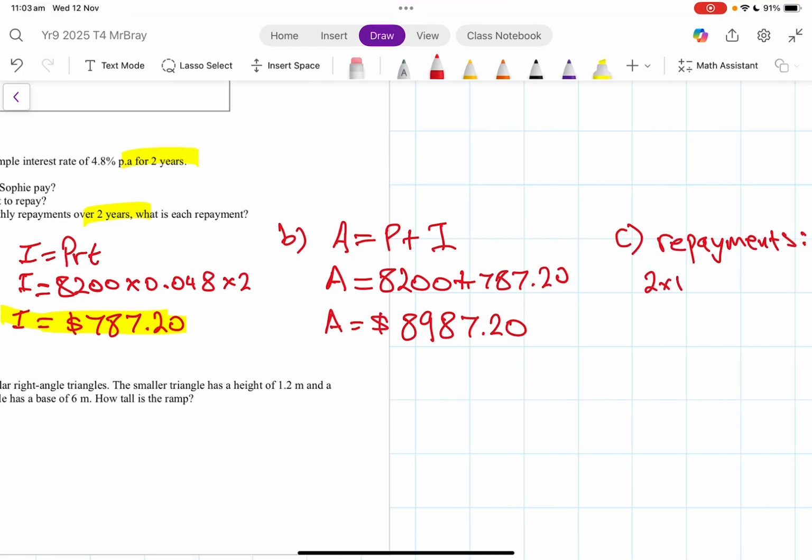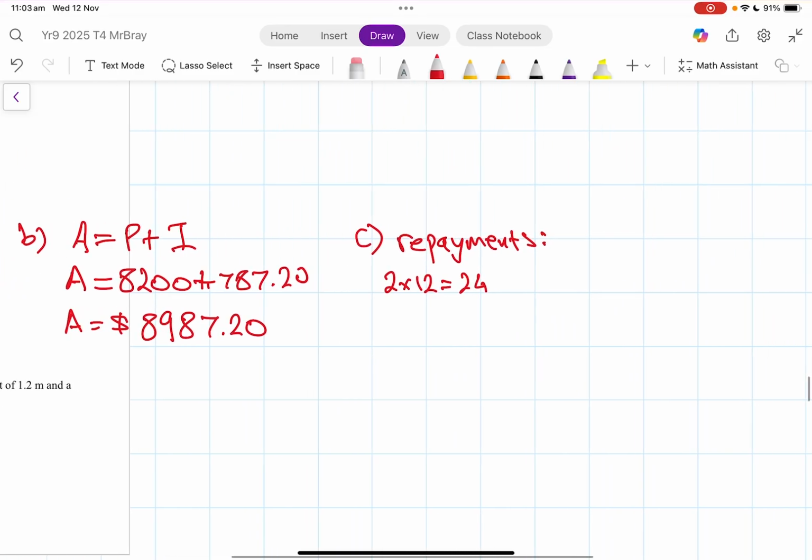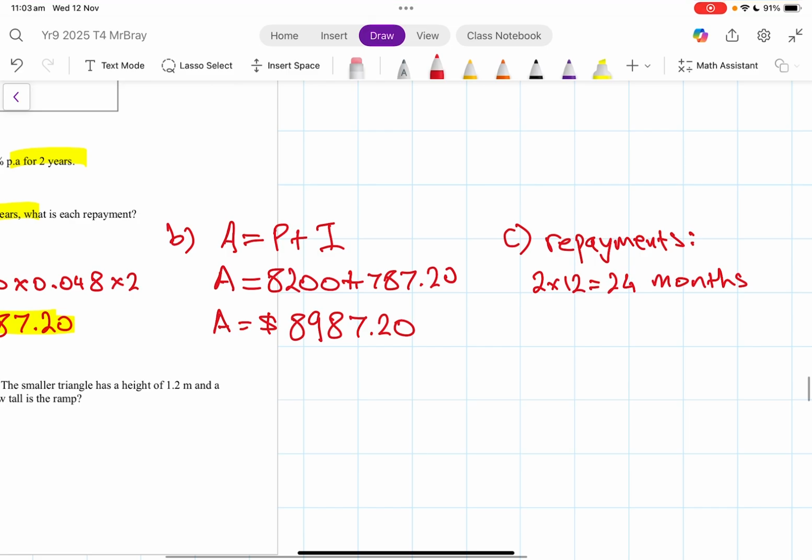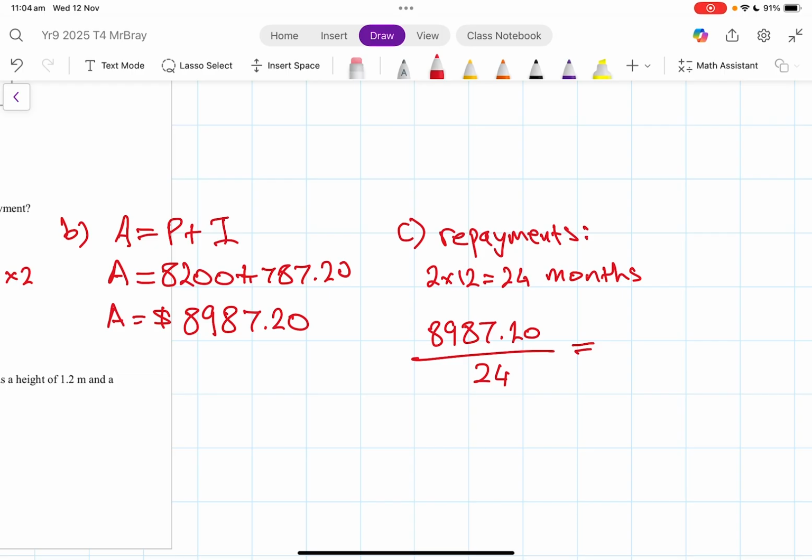So 2 times 12 would give me 24 months, which means over the 2 years, she's going to make 24 payments to pay all this back. So if we take the amount, which was $8,987.20, and divide that up into 24 pieces, we get that she is paying $374.47 each time, roughly. It is a recurring decimal that I've rounded there. It is 467, but roughly 47 cents.